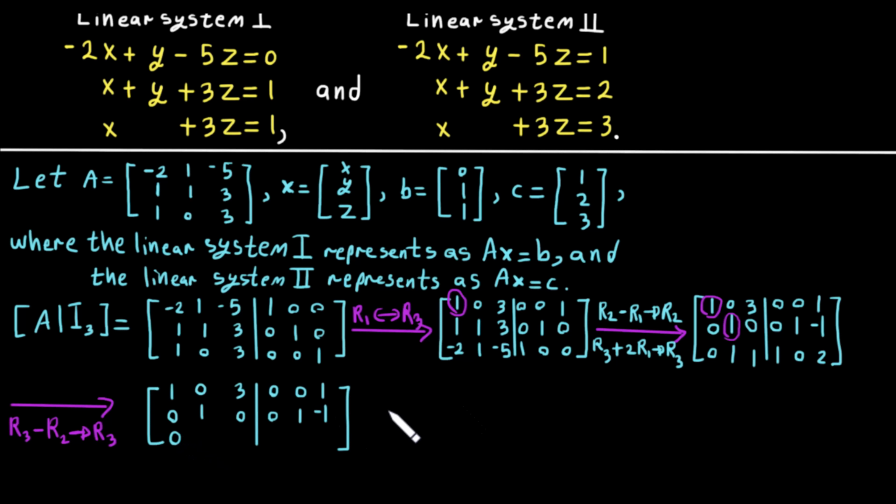So here I have to write 0. 1 minus 1, which is 0. 1 minus 0, which is 1. 1 minus 0, which is 1. 0 minus 1, which is negative 1. 2 minus negative 1: negative with negative will be positive 1.